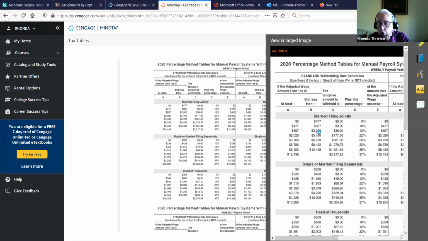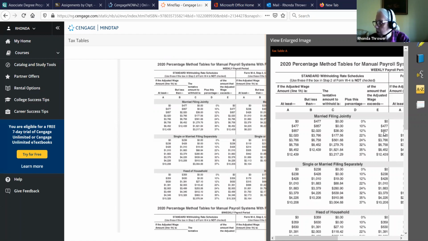And the way you do this calculation is you take the amount of your salary and you subtract $857 from that.